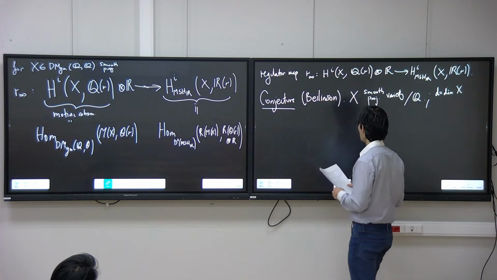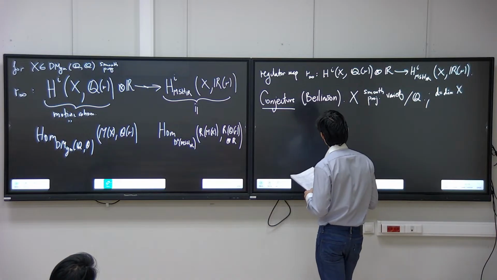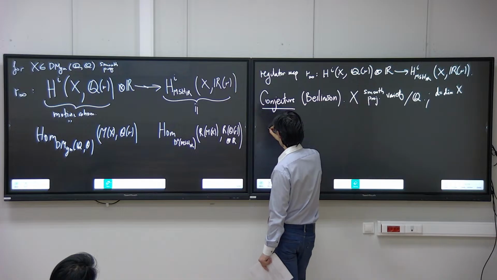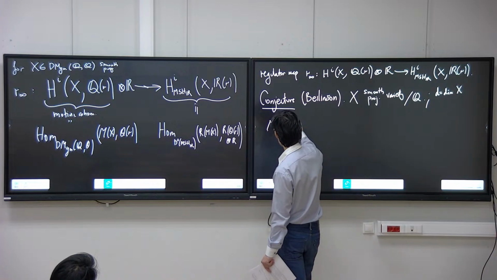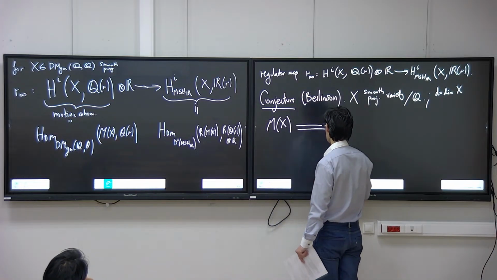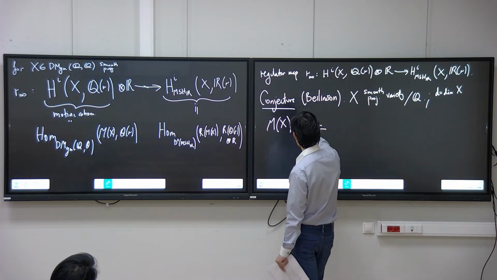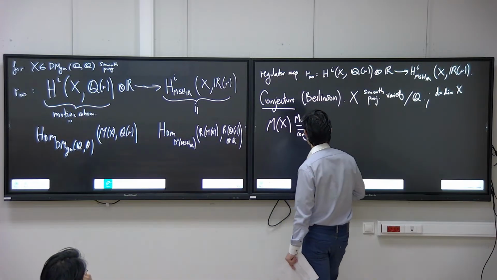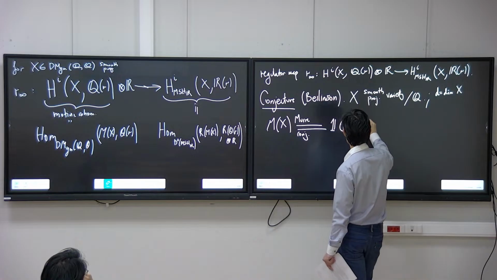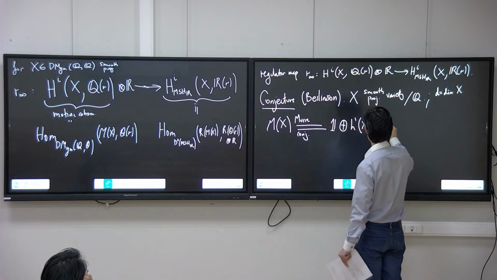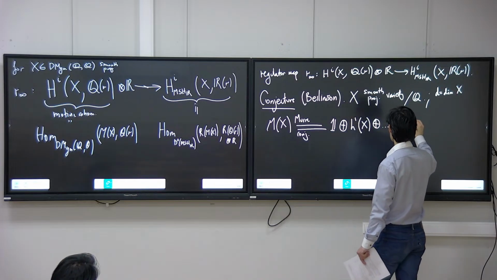What we're interested in is, of course, this motive M(X), right? And it's expected, this is I guess the Murre conjecture, that this should be a sum of some kind of smaller terms, a decomposition, maybe indexed up to d or 2d.